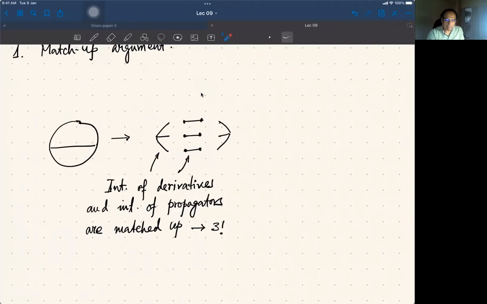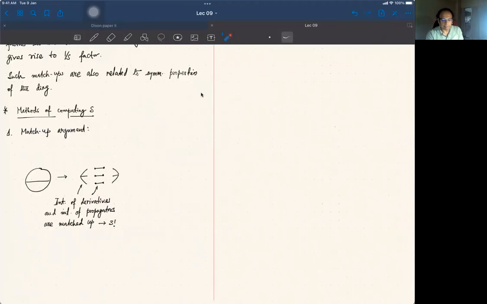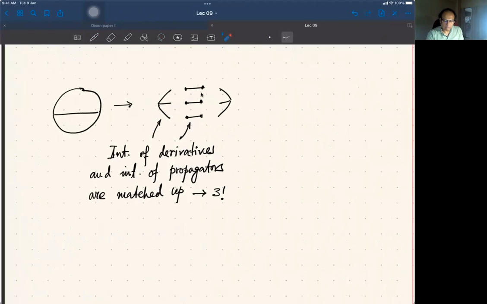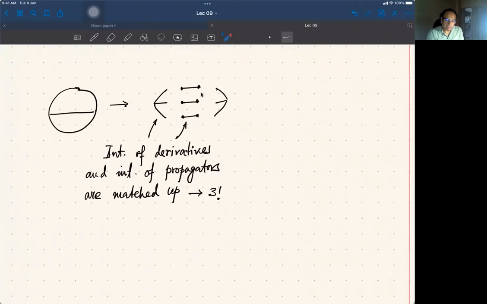So the matchup here is the interchange of the two vertices and the interchange of ends of all the propagators together, then only it matches. Of course, interchange of the two ends of a propagator, each one has a factor of 2 downstairs. But if you interchange the two dots of all the propagators together, that will also cost only 2, right? So a factor of 2. So that is another factor.